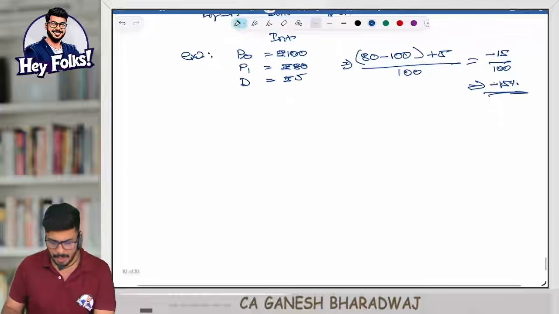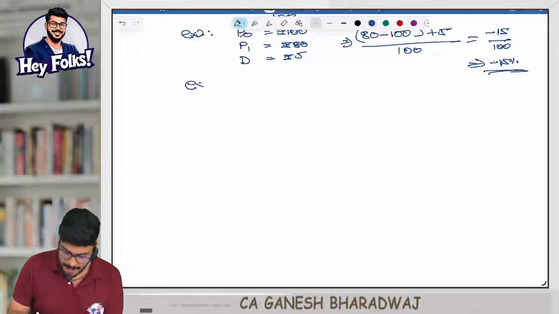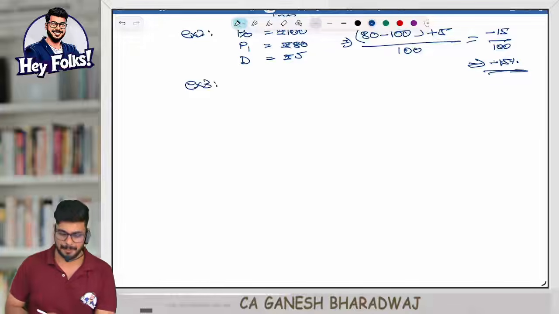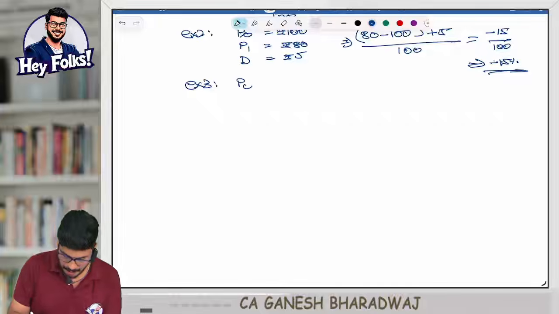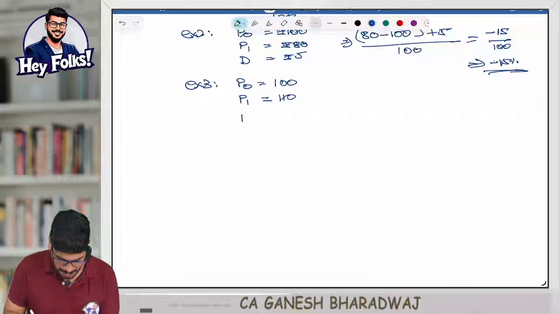Now, example number 3. Let us say P0 is equal to 100, P1 is equal to 110, and P2 is equal to 125.